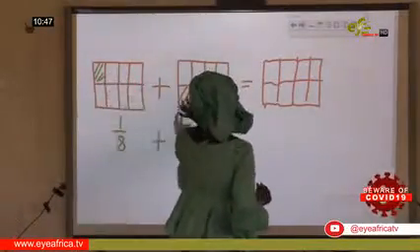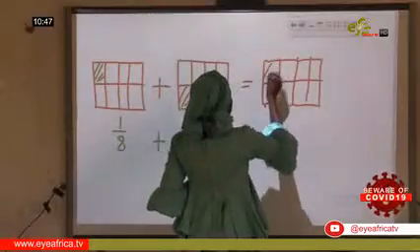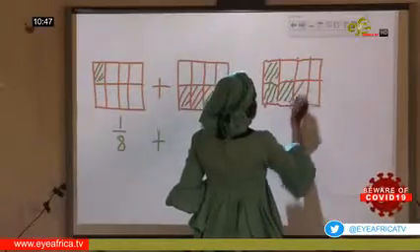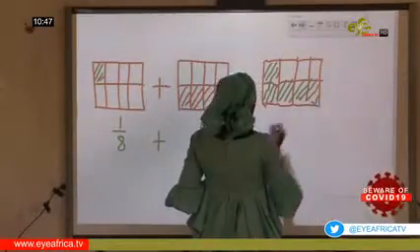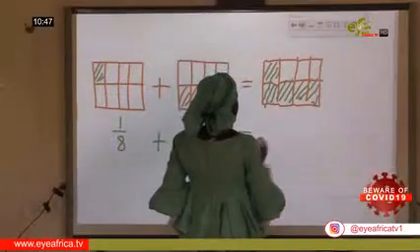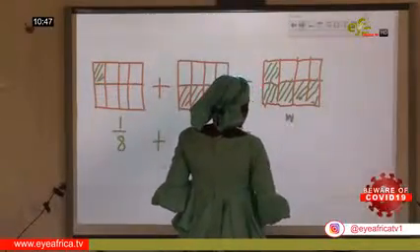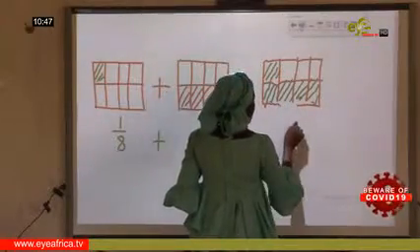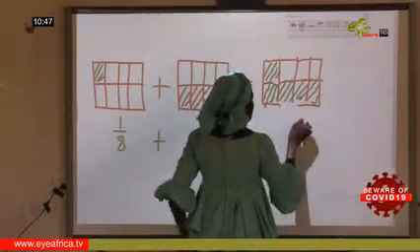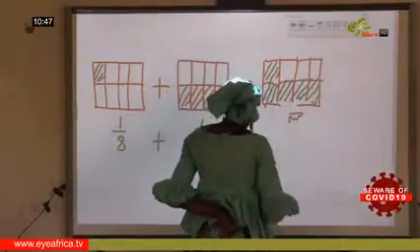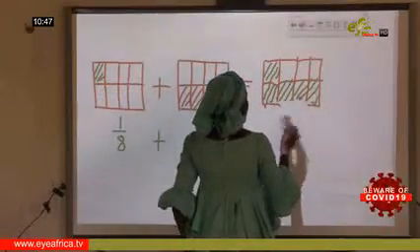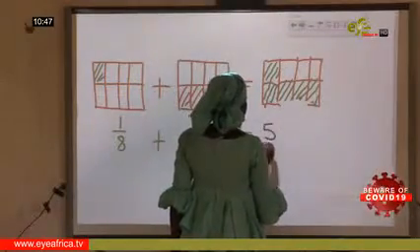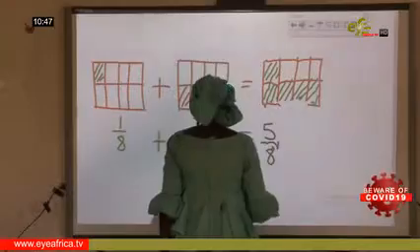That is 1 plus the 4 portions here. So it is going to be 1 plus the 4 down, which is going to be 5/8.